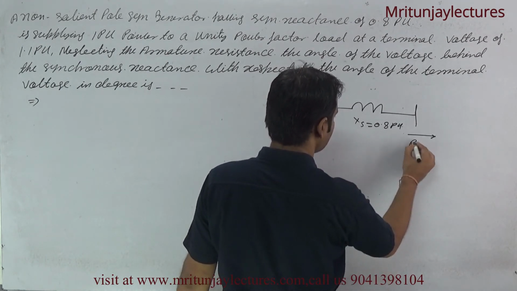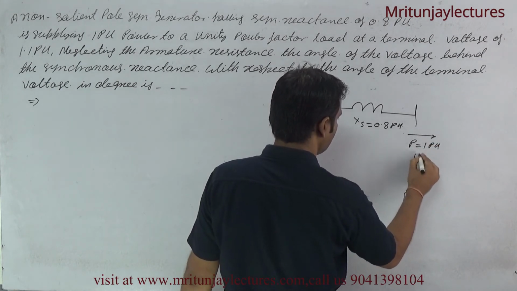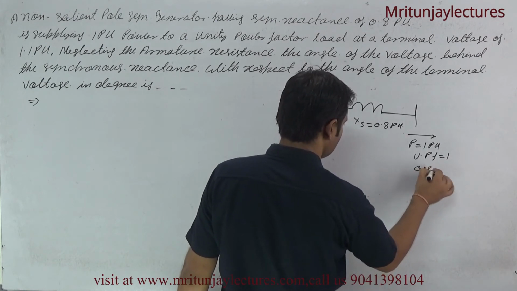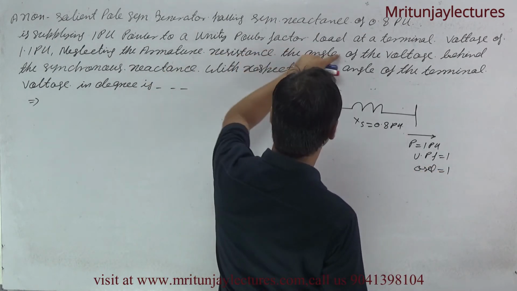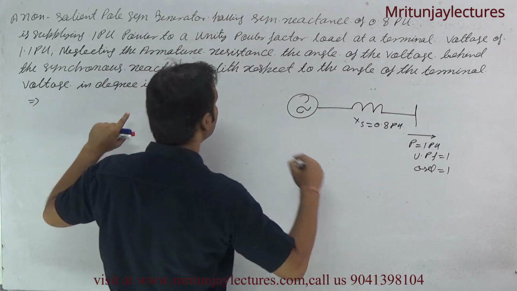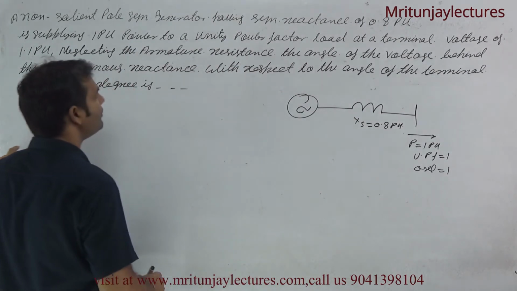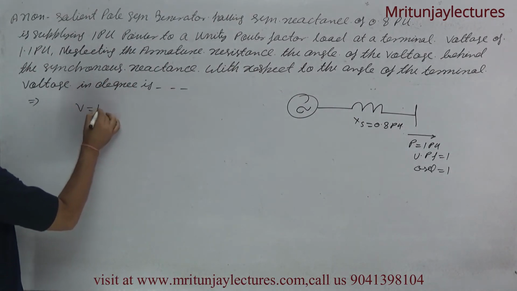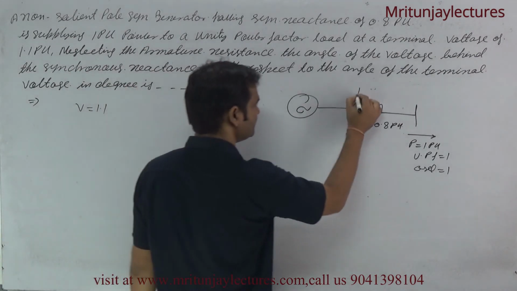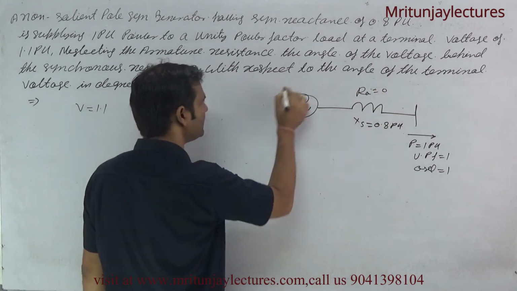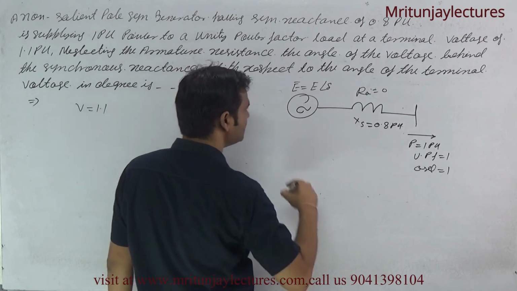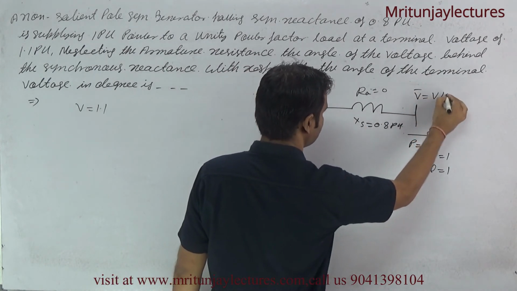Okay, P is equal to 1 pu, UPF, that is cos phi is equal to 1. Power factor load at terminal voltage of 1.1, V is equal to 1.1. Neglecting the armature resistance, Ra is equal to 0. Okay, in a generator, E at the angle delta, and V at the angle 0.